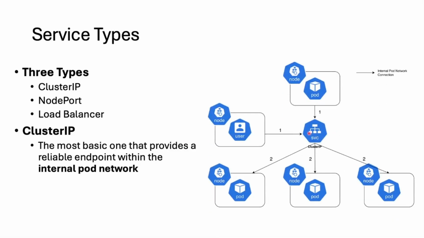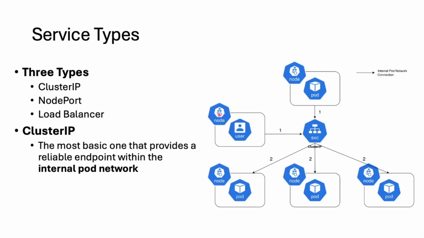So here you're seeing the ClusterIP service, and it is providing an endpoint, but only within the internal pod network. This is how I am representing the internal pod network with this black line. And that is being emphasized here from the connection which the user is making by showing the fact that the user or the client is within the context of a node.